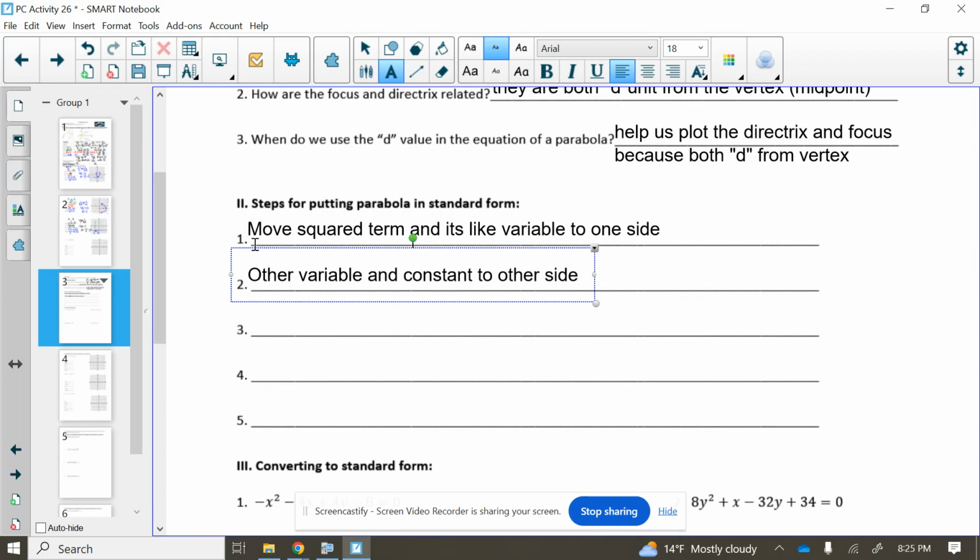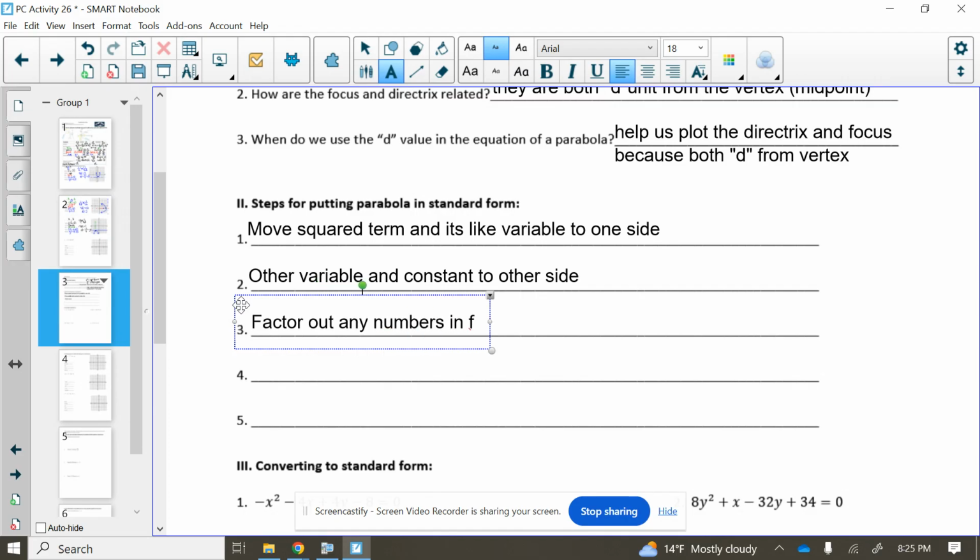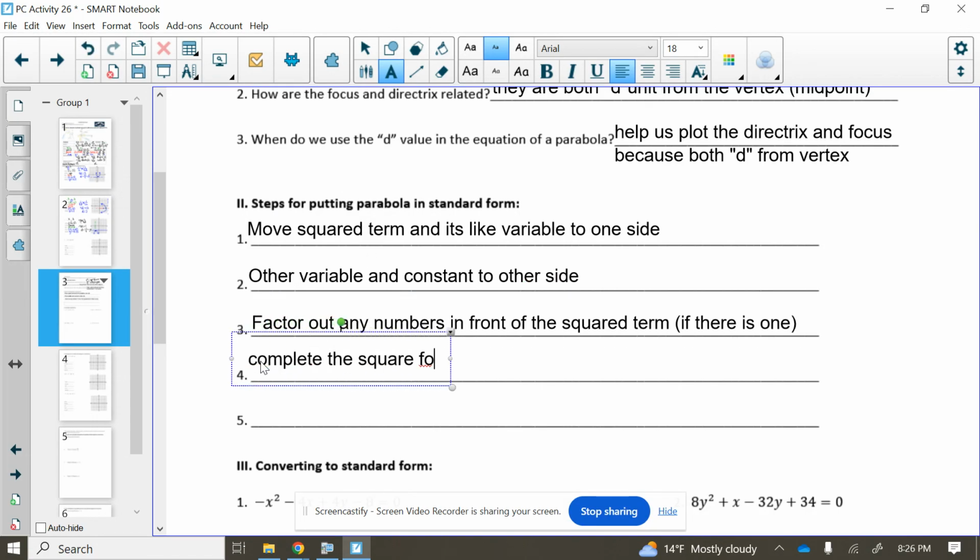And then from there, we are going to factor out any numbers in front of the squared term, if there is one. And then we are going to complete the square for the squared variable.